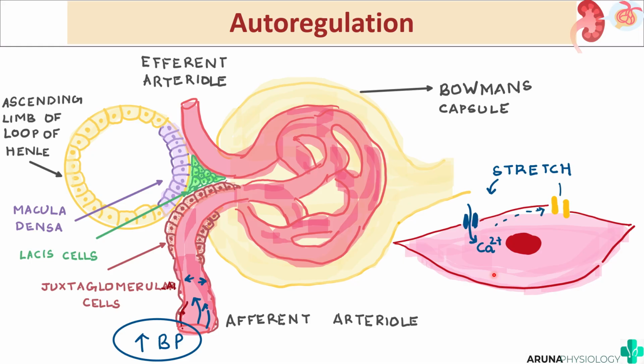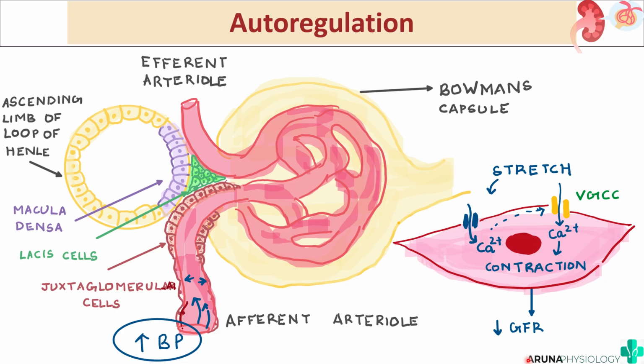This entry of calcium activates the voltage-gated calcium channels because of the change in voltage, and this causes contraction of the smooth muscles. Once there is afferent arteriole constriction, what happens to the GFR? First of all, obviously the renal blood flow is going to decrease and the GFR is also going to decrease. So in this case, even though there is an increased BP, the renal blood flow as well as the GFR will remain constant. Okay, so that is the myogenic mechanism.